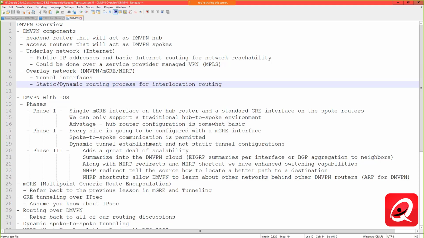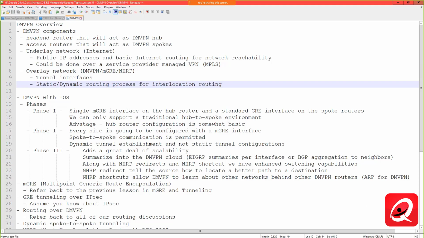So why do we use DMVPN? How does DMVPN work? How is it different than, say, running a bunch of point-to-point connections versus point-to-multipoint or layer 3 over this VPN? What is the logical hub and spoke topology? How do we support direct spoke-to-spoke traffic?